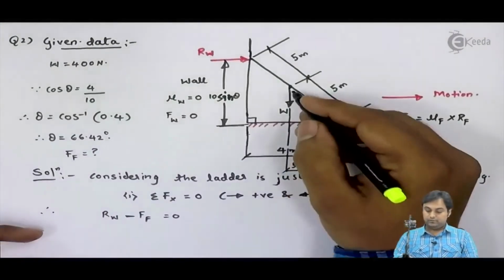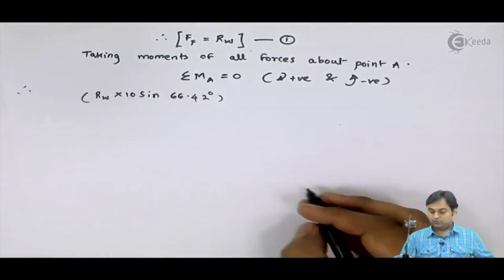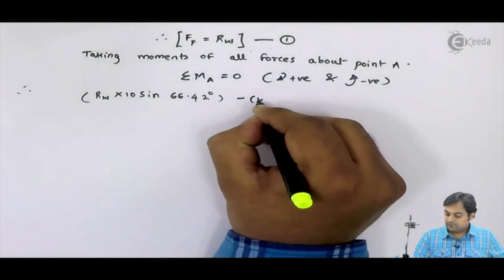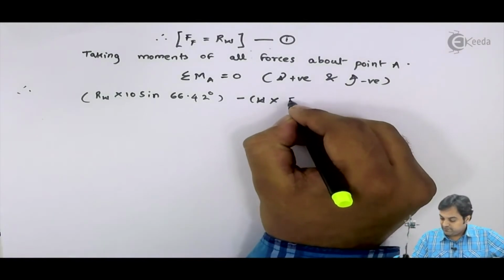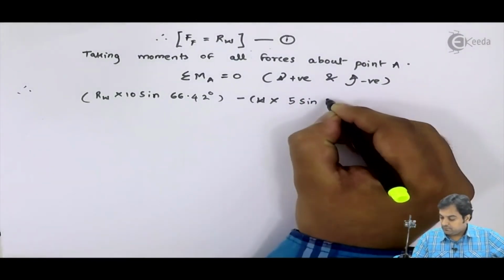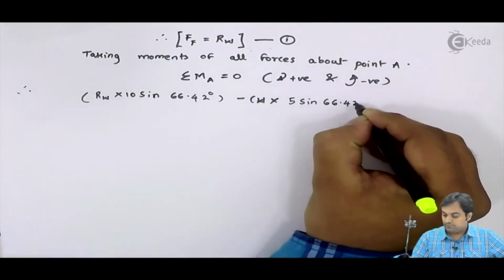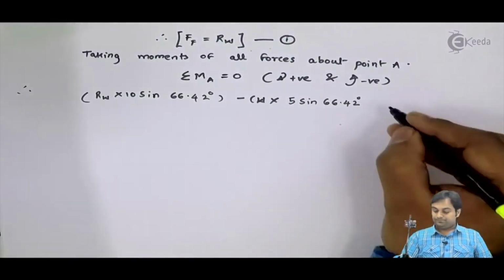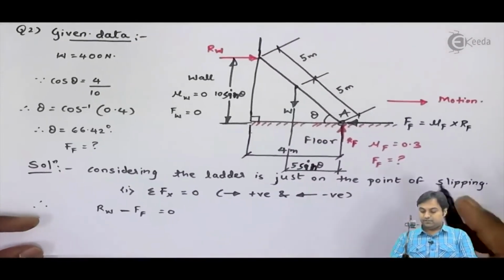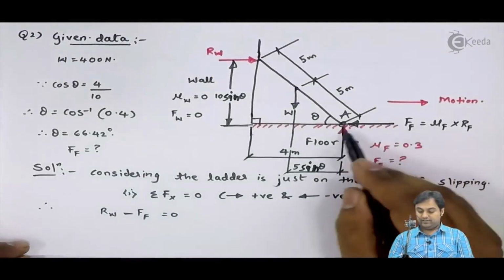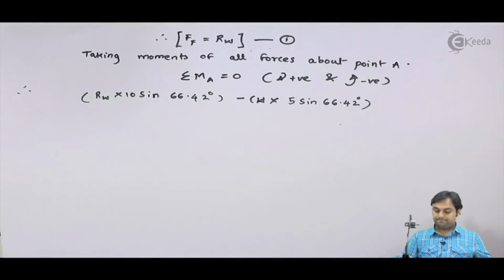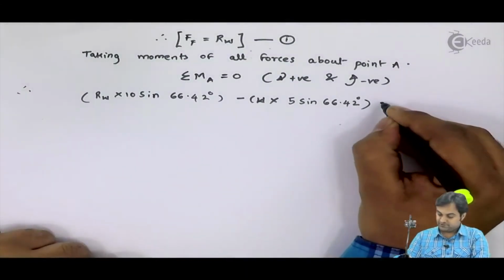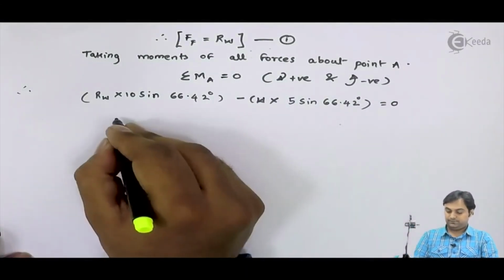Then W is anti-clockwise, so minus W into 5 sine theta, that is 5 sine 66.42 degree. And as we see here, the moments of RF and FF would be 0 because they are passing through the same point. So I have this much equal to 0.